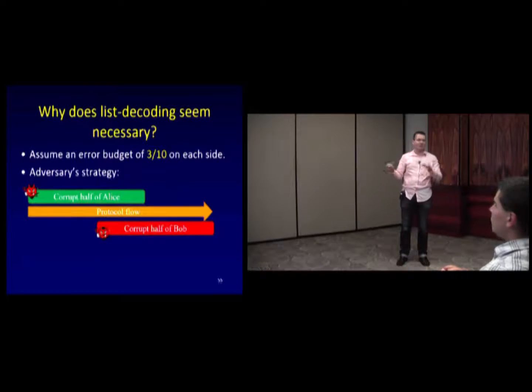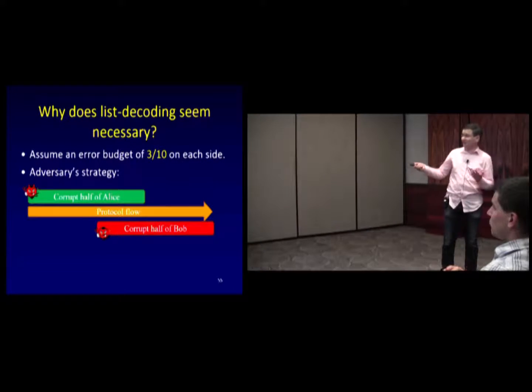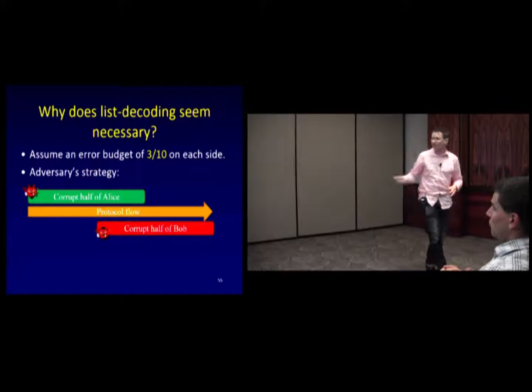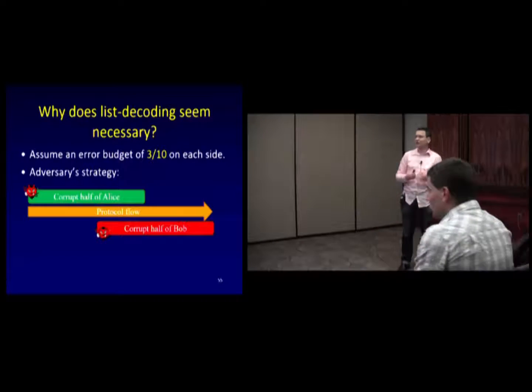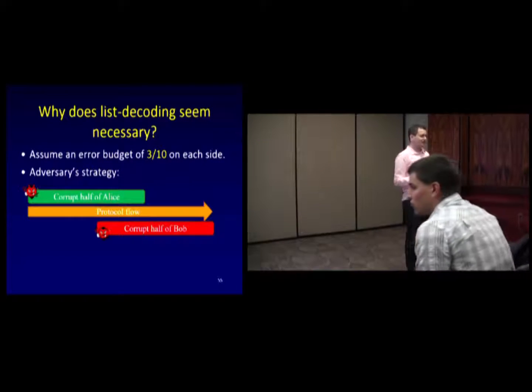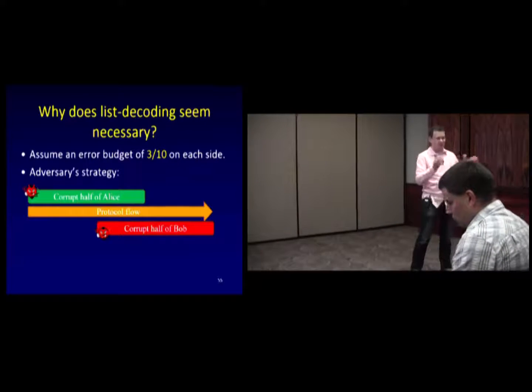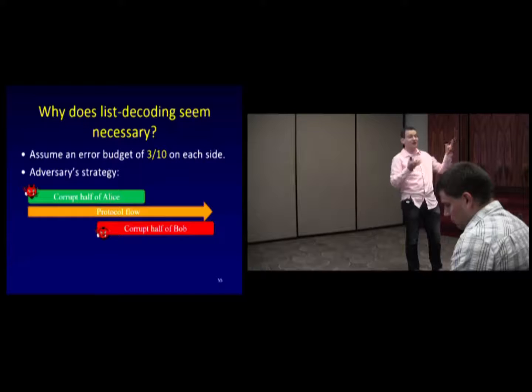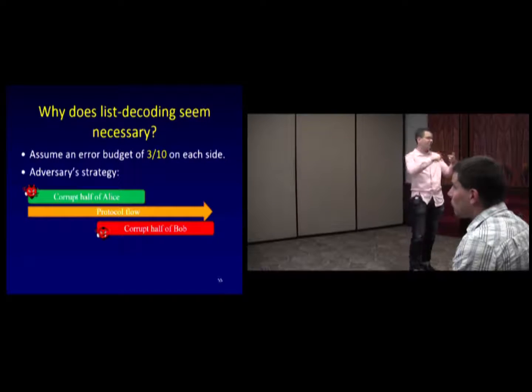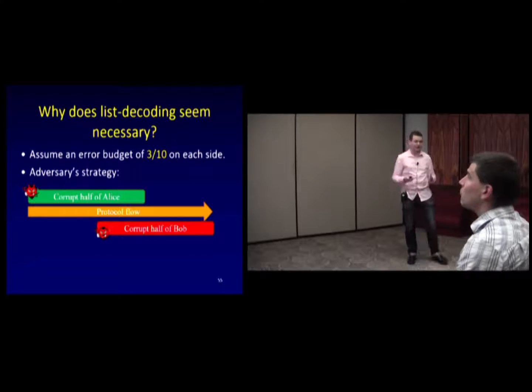But now it's too late, because now Bob is half corrupted. And the only solution is somehow to talk to both Alices at the same time. So here, if the adversary corrupts half of Alice, it's like in list decoding, where luckily there are only two Alices. It's not an unlimited number, so he should be talking to both of them simultaneously.